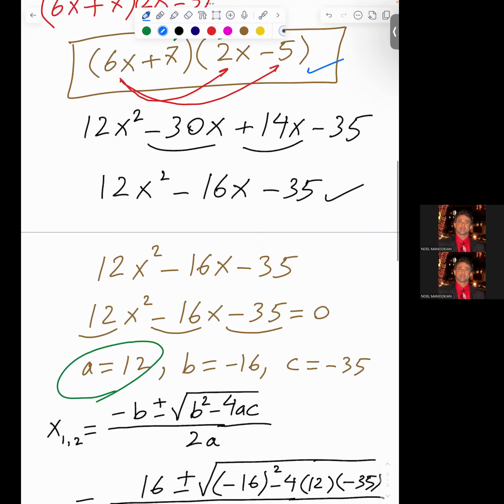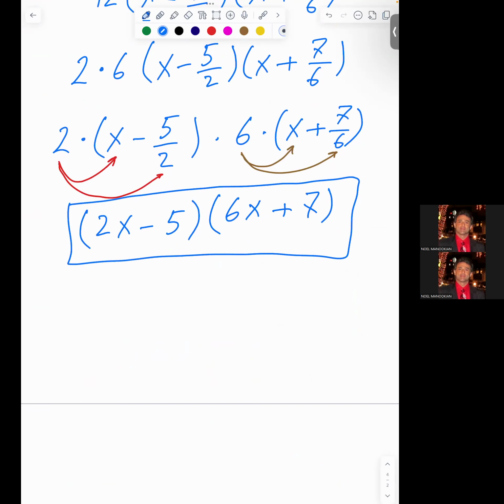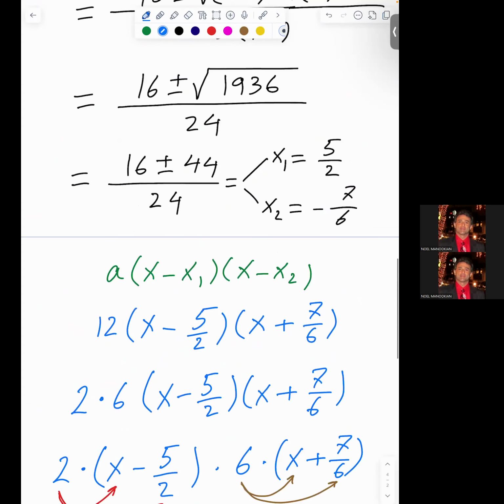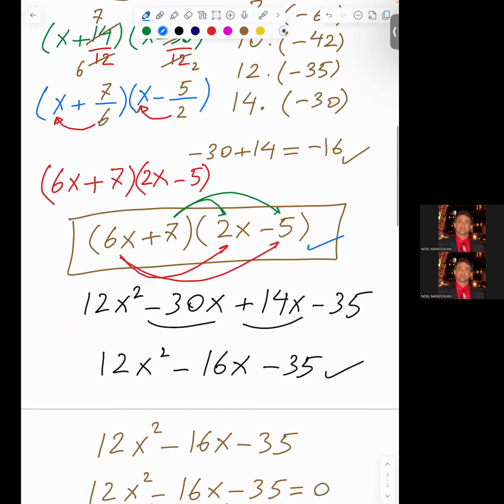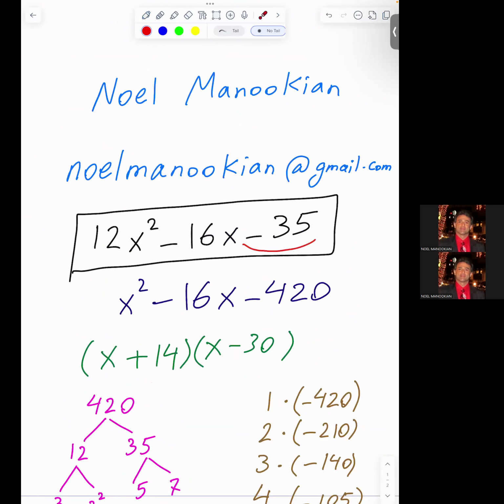So we used 2 methods to factor a quadratic expression. In the first one, as you saw here, first you disregard the coefficient of x squared. Instead, you multiply the constant number by the coefficient of x squared.